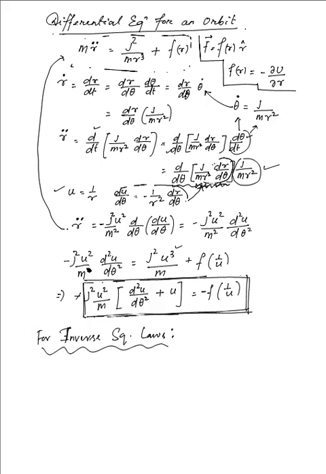For the inverse square laws, f of r takes the form of k by r square. K is just a constant term over here. The important thing is that it depends inversely on the square of the distance or the position vector between the two objects, if we are considering two body central forces.